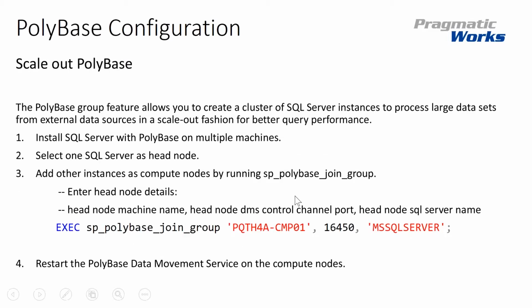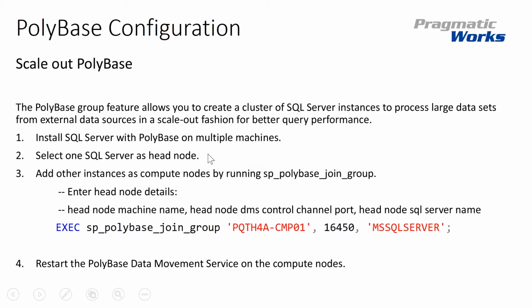And then if you want to scale out Polybase, by default it only puts one node. Obviously if you want to scale it out, you would install Polybase on another server and tell it, I already have this installed on server X, and you would point to that and make it a child node of that. So once again, it allows you to create a cluster of SQL Server instances to process some large data sets, so it scales out better and performs a lot better.